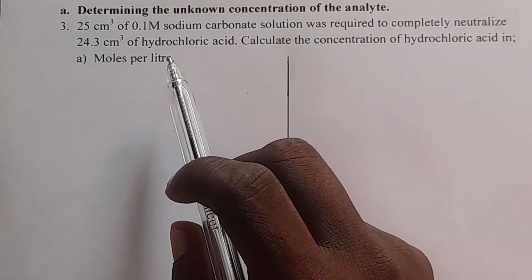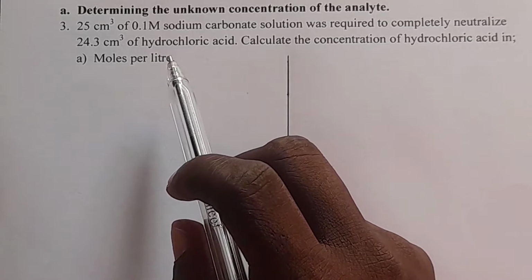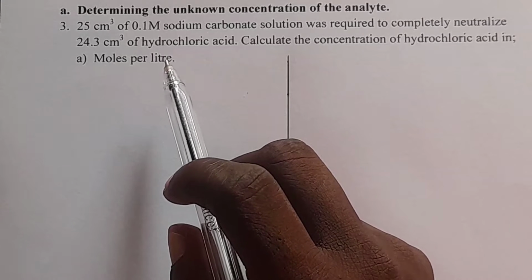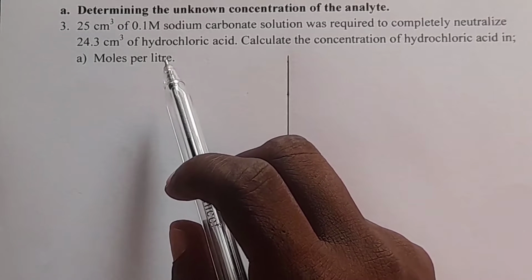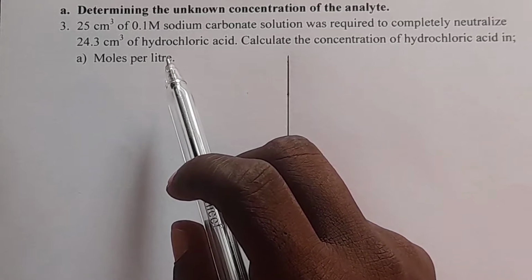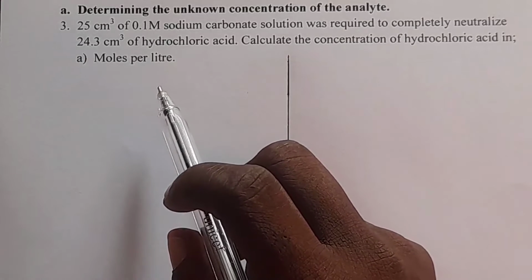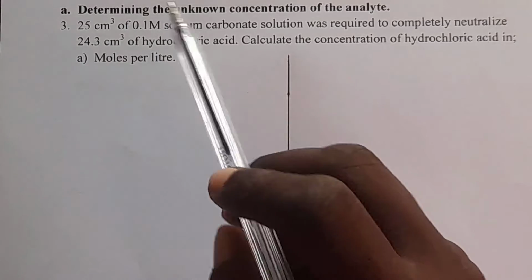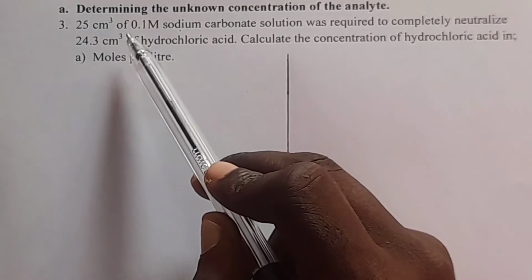In previous Lesson 18, we have done the steps of calculating direct titration. The first step was to calculate the molarity of the standard solution if concentration is given in gram per liter. The second step was to calculate the number of moles of the standard solution. In our case, sodium carbonate is the standard solution because its concentration is given.